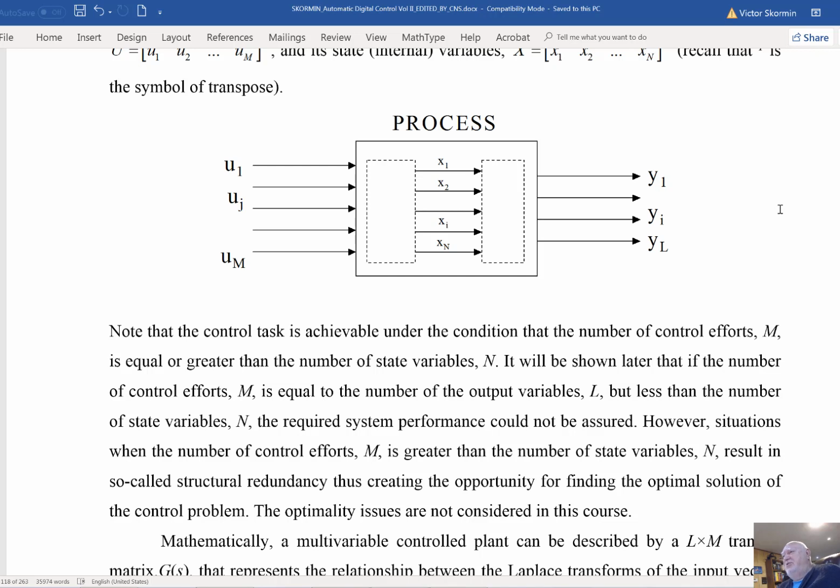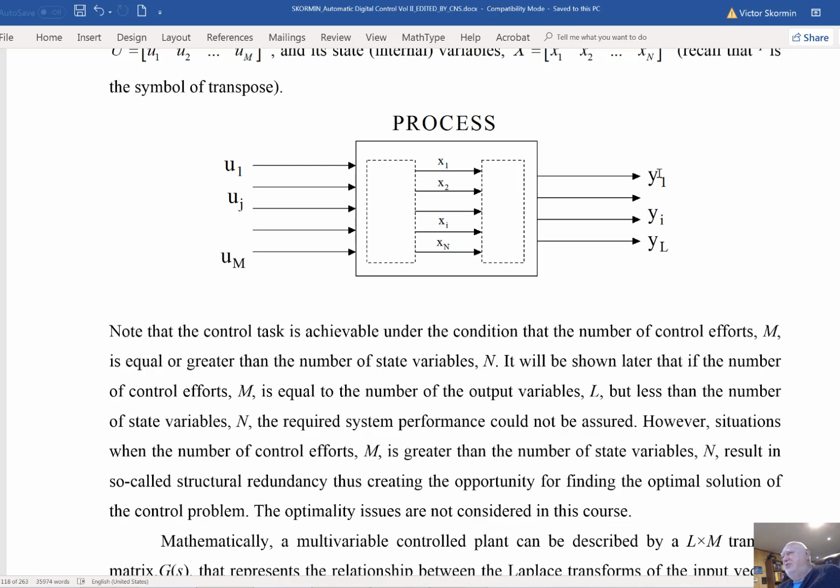What is the ideal situation? The ideal situation is when I have independent and controlled access to output number 1, to output number 2, to output number 3, which means that ideally, if this is the reference, and if I would apply a unit step input at this reference input, I will see response only in the output number 1, and this response is supposed to have the desired settling time and desired overshoot.